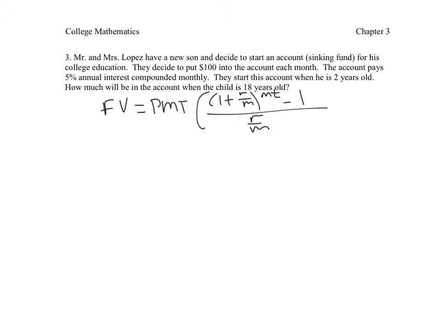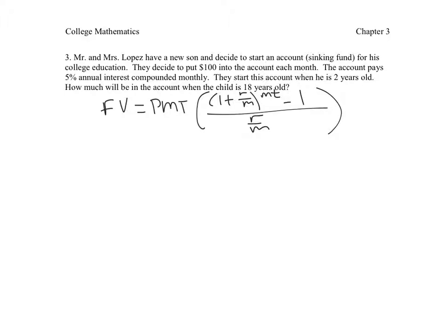Now, you may be thinking, why do you keep writing this down every time? There's a couple of reasons for it. First of all, I need to be sure that I am plugging into my formula correctly by writing it down, copying it down each time. That helps me make sure that I don't make a mistake because I didn't look at it correctly.